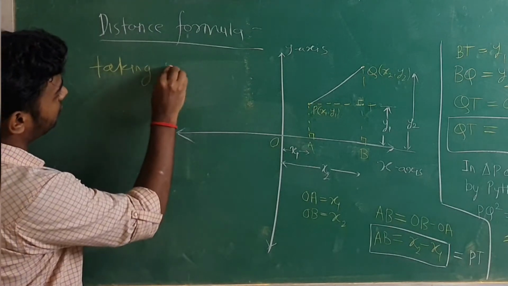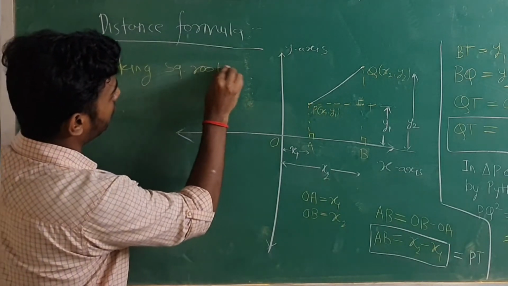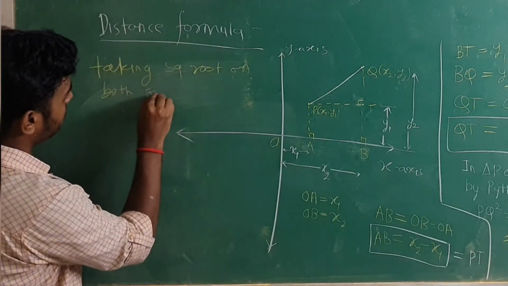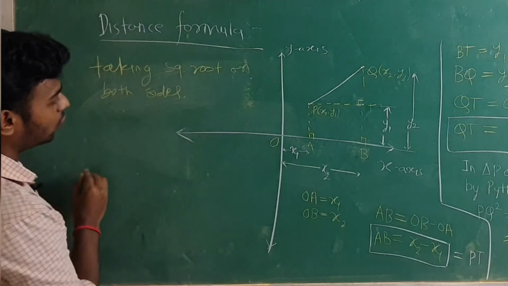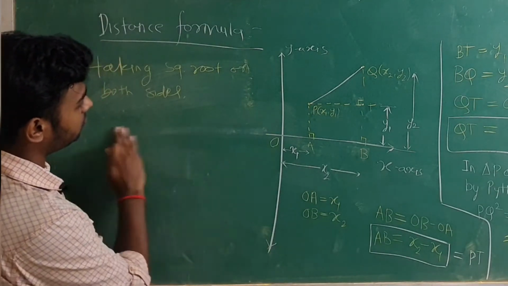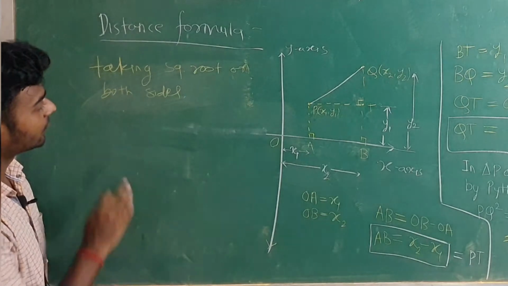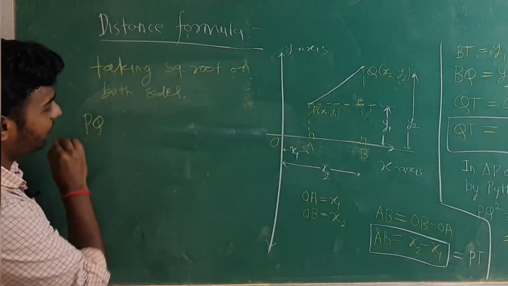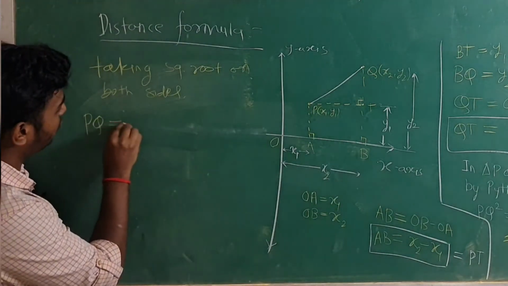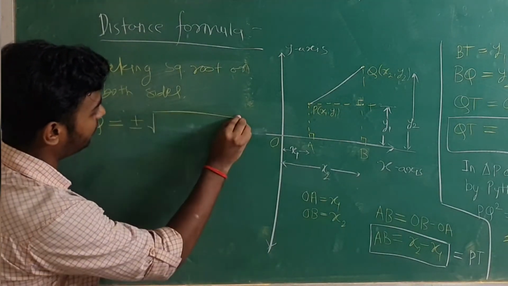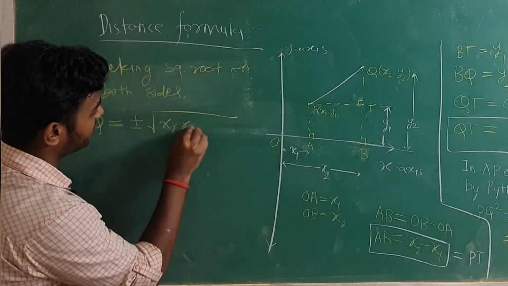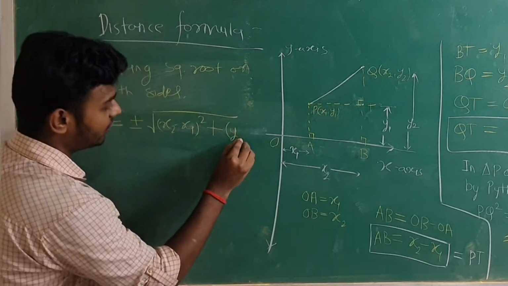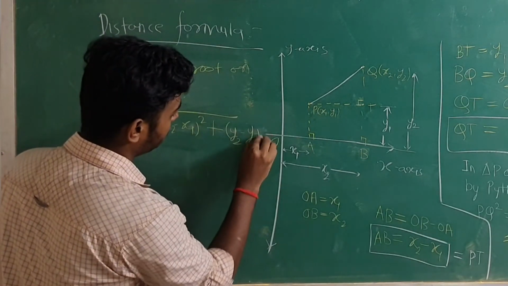Now taking the square root on both sides, what do we get? PQ equals plus or minus the square root of (x2 minus x1) the whole square plus (y2 minus y1) the whole square.